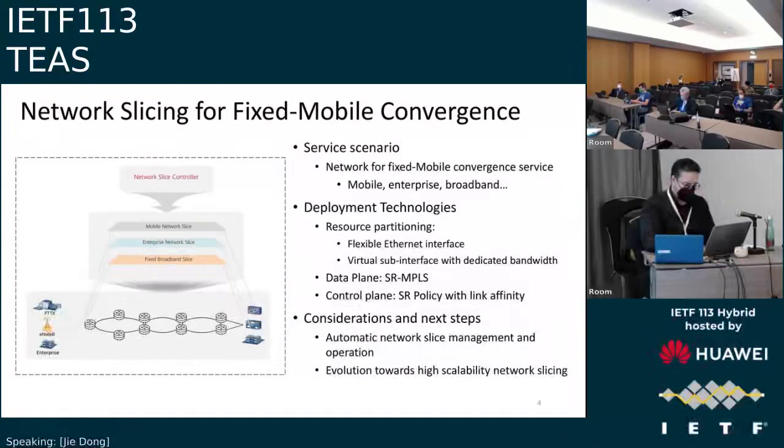The second thing they consider for the next step is that, since the number of network slices will increase in this network, they plan to evolve towards a highly scalable network slicing solution in the future. Probably they will also need to consider introducing the slice ID mechanism.